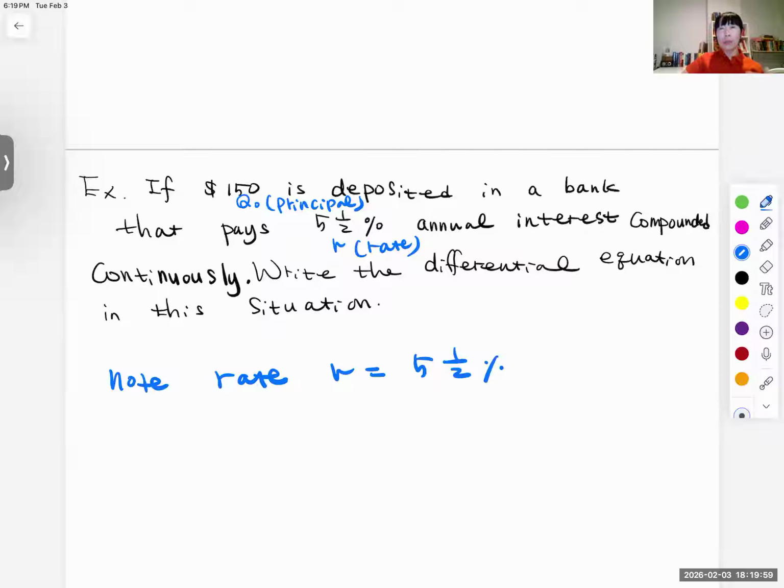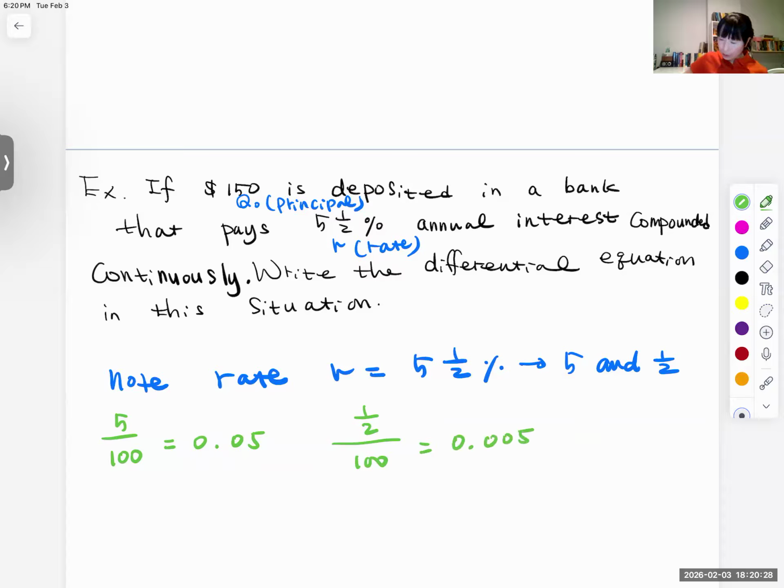So 5 over 100 is 0.05, and 1/2 over 100, same concept, gives 0.005.